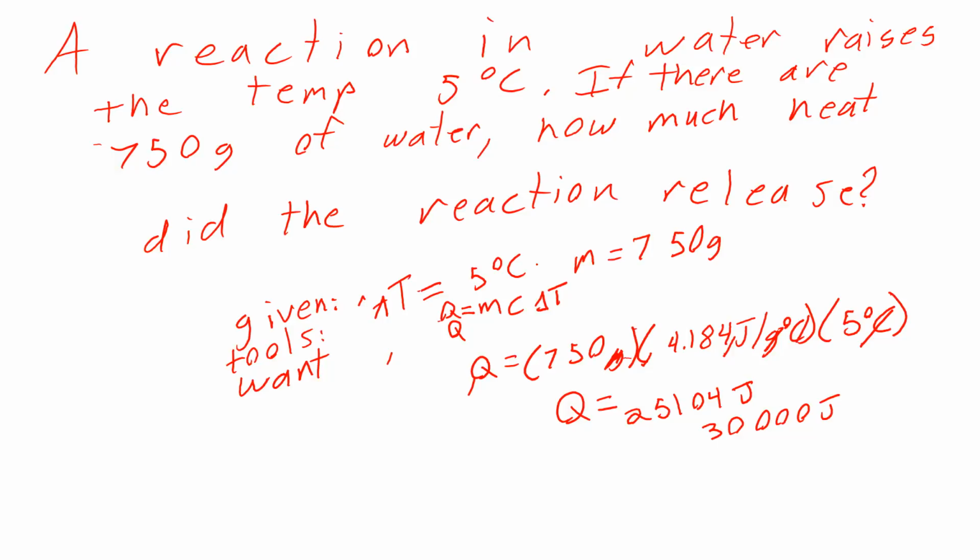And so this equation here, Q equals MC delta T, gives us a great way to think about and illustrate what's going on when a system absorbs heat, and how we quantify that in a way that makes sense.